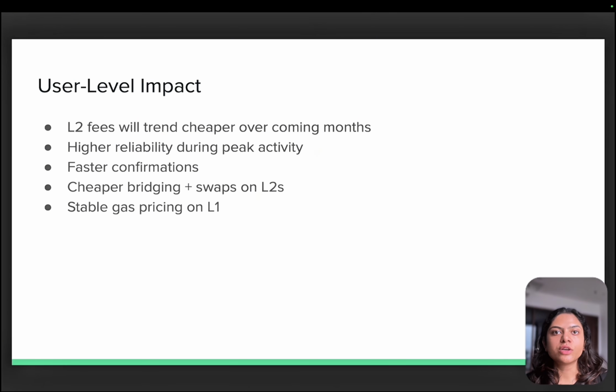Then there is higher reliability during peak activity, more reliable bridging, faster confirmations, cheaper bridging and swaps on L2s, stable gas pricing on L1, and less gas volatility. It is the user experience that Ethereum has always wanted.